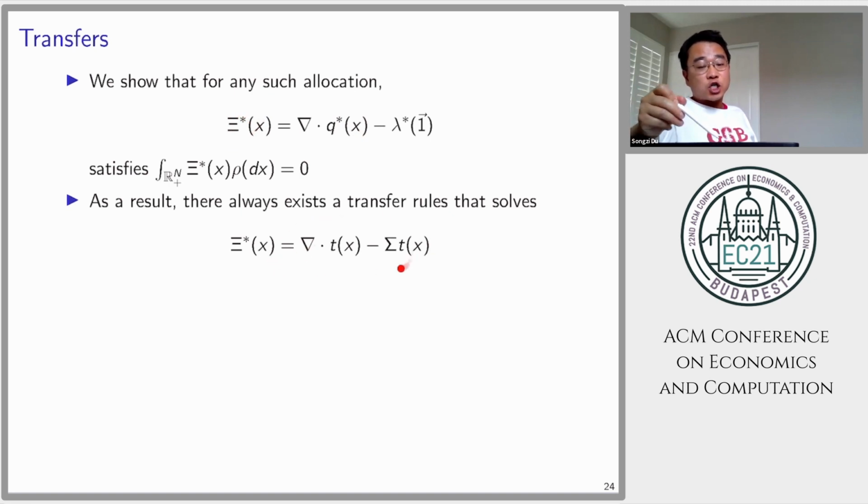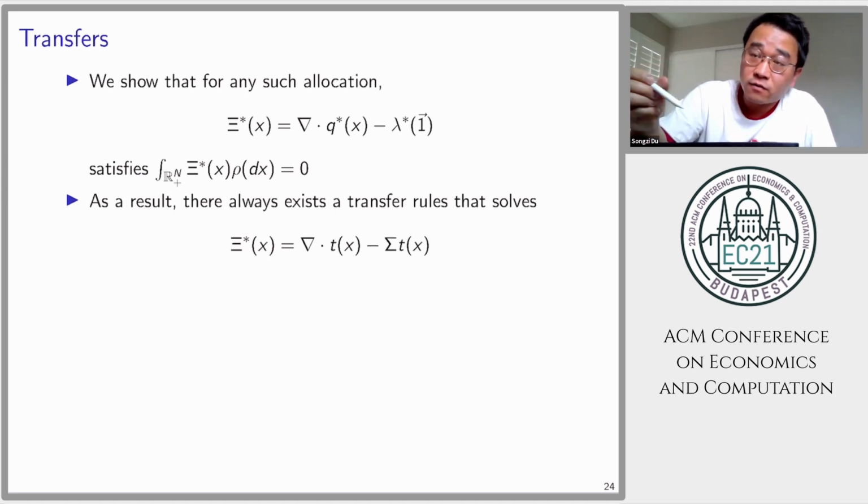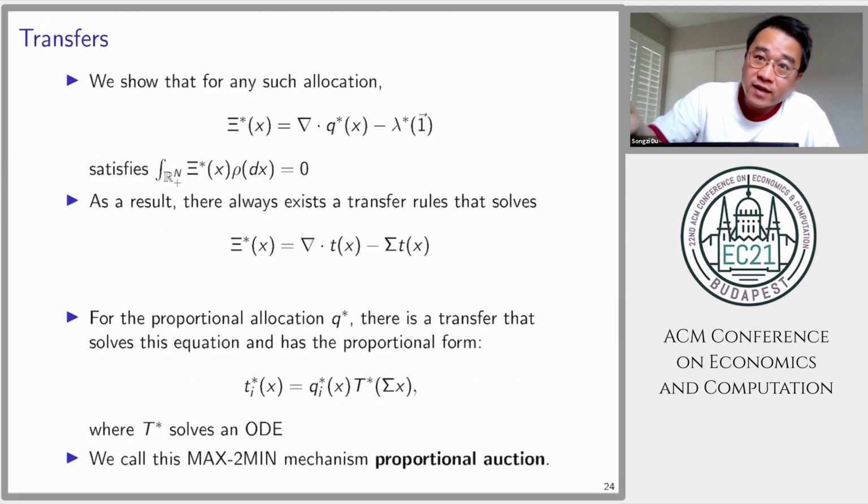Because by definition, transfer has to have this total excess growth. Okay, so we have a first order partial differential equation to solve for the transfer. And what is nice about proportional allocation is that it will have a very simple solution to this partial differential equation.